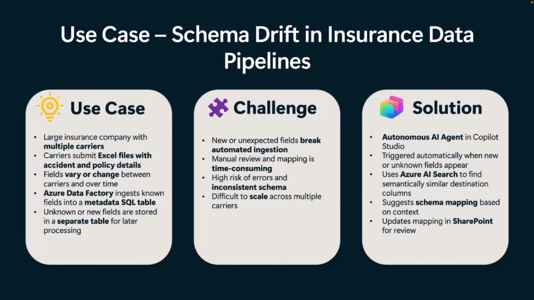Whenever there is a mismatched field, that would trigger the agent. The agent, using Azure AI Search, would find the relevant information or relevant chunk, then send that to the prompt tool inside Copilot Studio. Then the prompt tool will create the suggestion and send that to SharePoint, and then a human will review it and accept or fix it, and then that will be added to the metadata table.